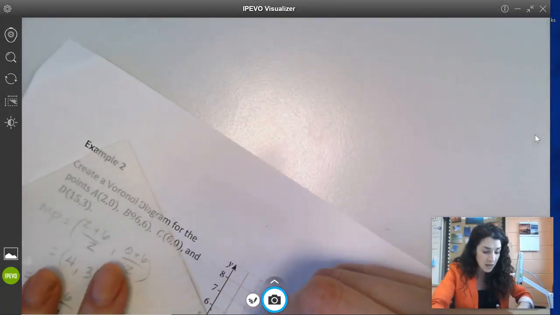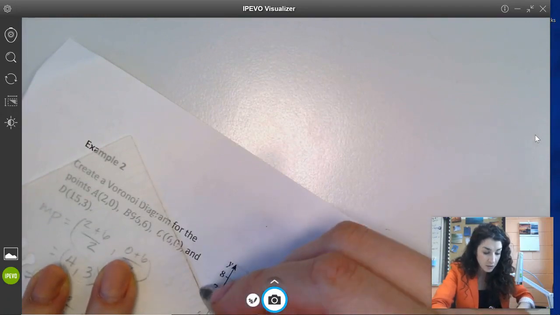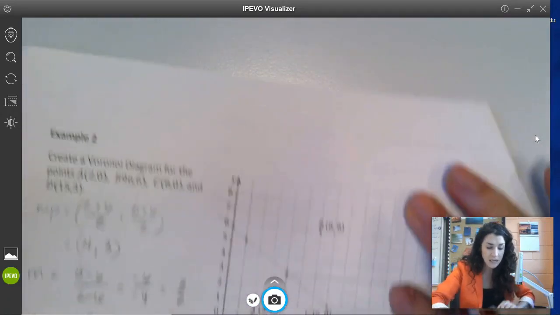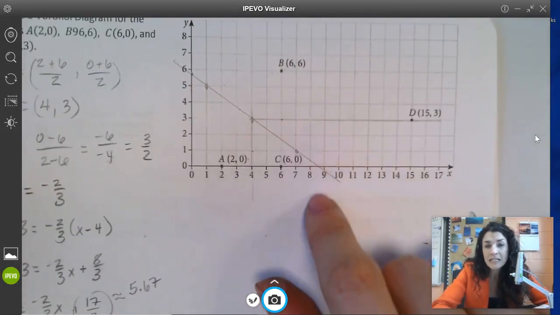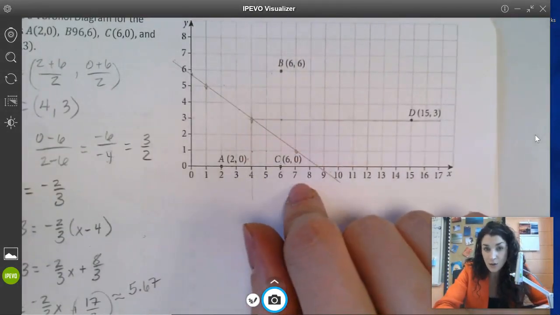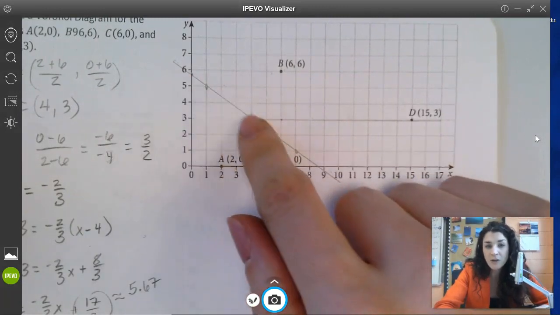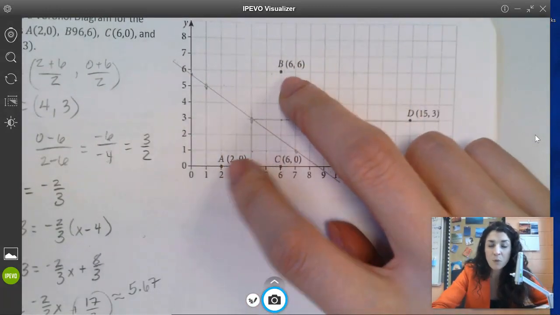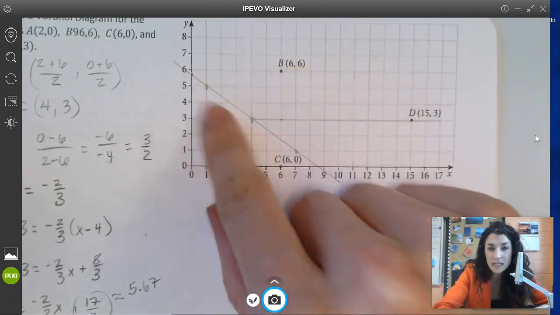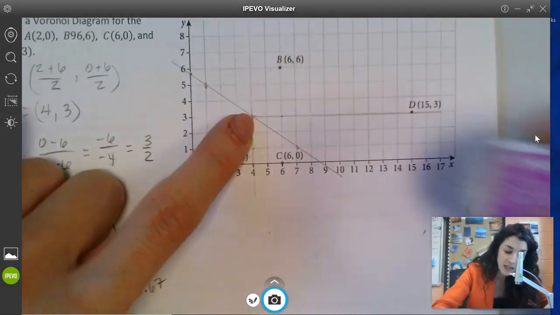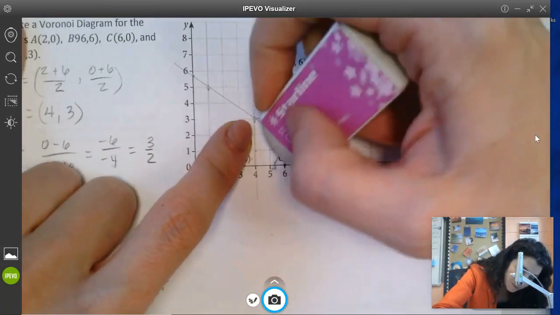So once I draw this all the way through, so we can go back and erase, see that this has broken up the cell for C into something that's not correct. This perpendicular bisector is splitting up between A and B. It's splitting that piece in half. So once it hits the point of concurrency, it's no longer needed.